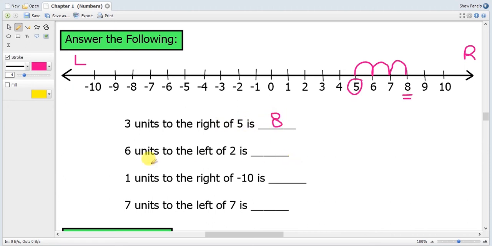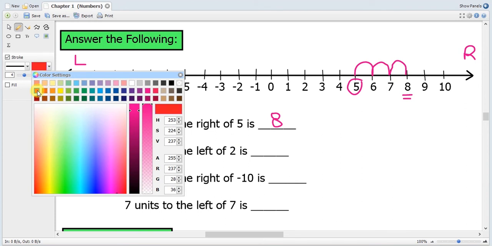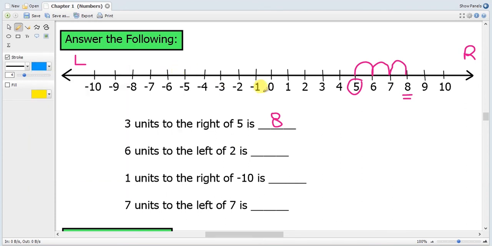Got it? Okay, moving on to the next question. So 6 units to the left of 2. Okay, let me change the color. Let's say it's blue. So 6 units to the left of 2. So we have to start from 2. So this is our 2.